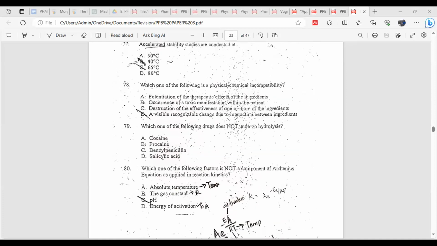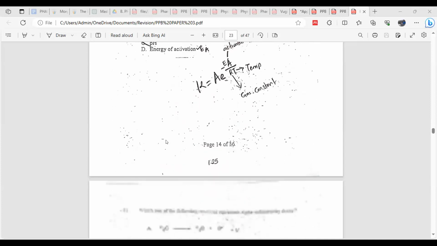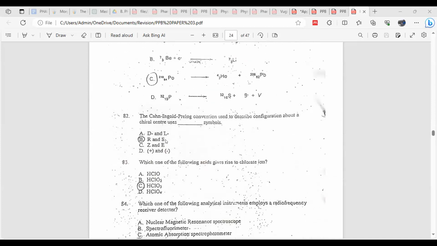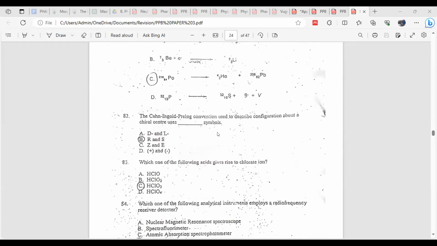Number 80, which is not a component of the Henderson equation? It's pH for sure. This paper I think we had gone through. It was Cunningham we went through. It was Z and E, not R and S.